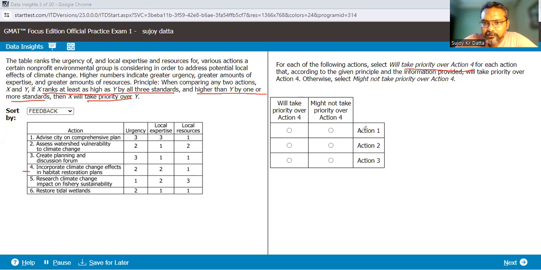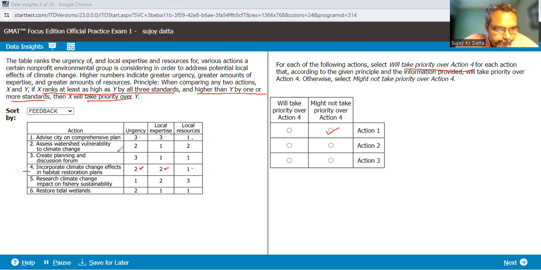All right. So for each of the actions given, you have to choose an option. So action 1, 3, 2, higher, 3, 2, higher, 1, 1 equal. So yes. So will take, sorry, no, might not take.